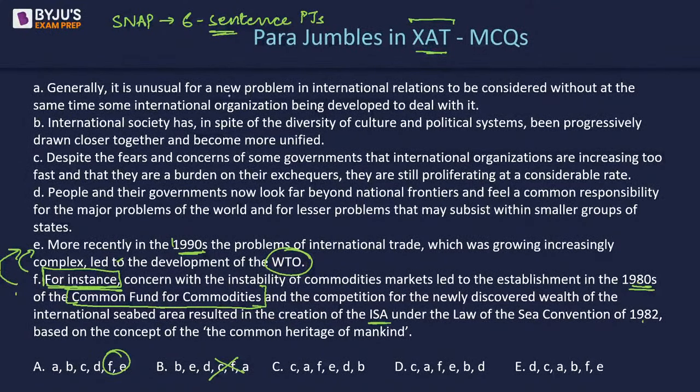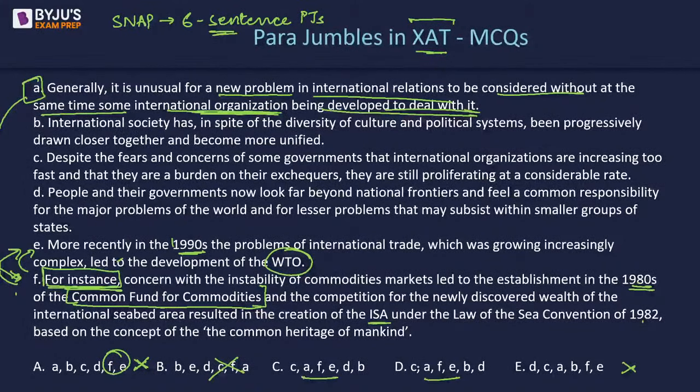Generally, it is unusual for a new problem in international relations to be considered without at the same time some international organization being developed to deal with it, isn't it? So A is actually introducing this idea and F is giving an example of it. Whenever a problem emerges, we create an organization to deal with it. So AFE. Now when you realize that AFE looks like a sequence, it is present in just these two.